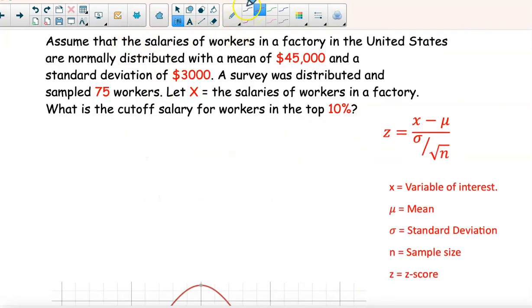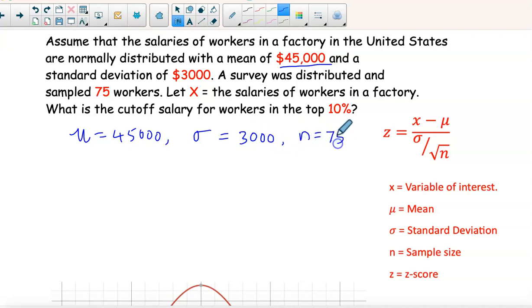So I'll go ahead and write down the given information. So first thing is this one, that is mean, right? Mu is equal to 45,000 and sigma, the standard deviation is 3,000 and the sample size is 75.